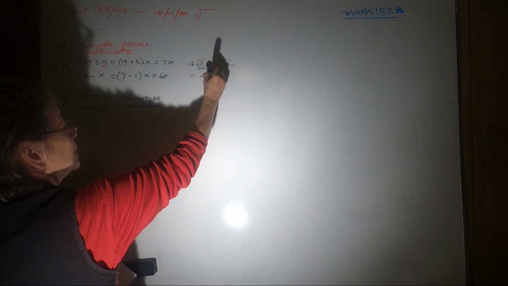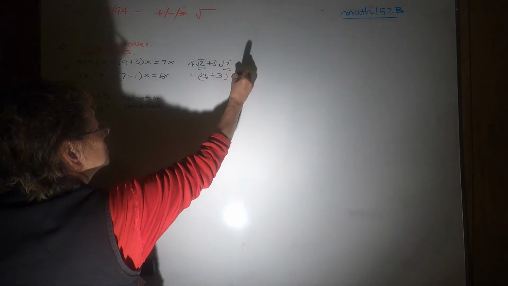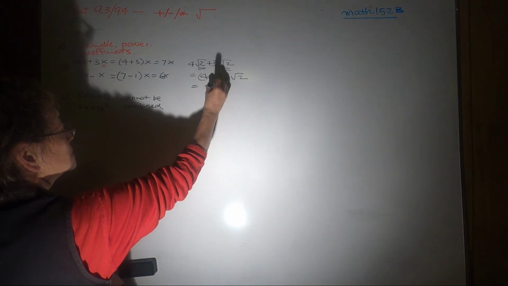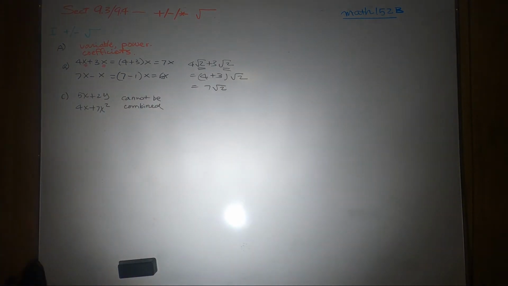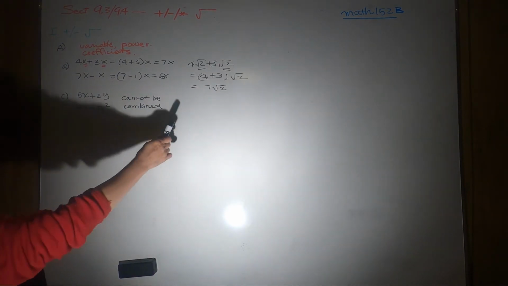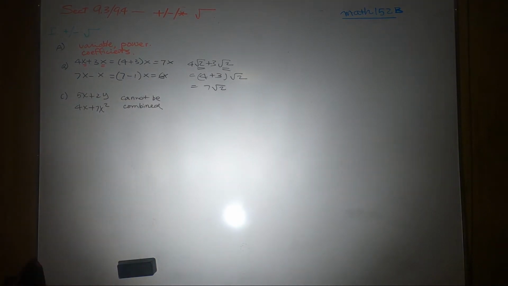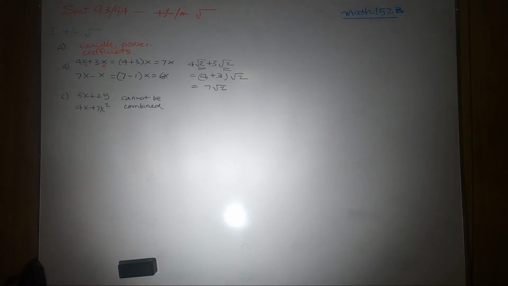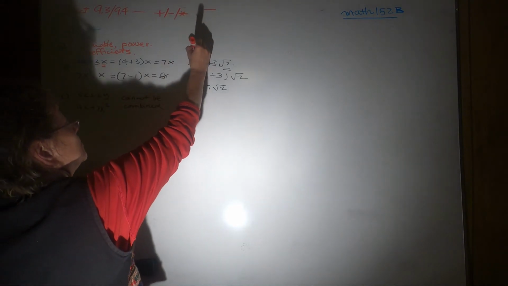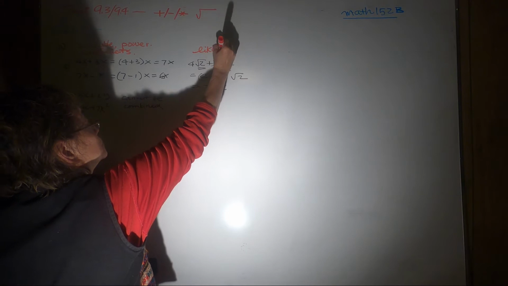Then you will do 4 plus 3 of square root 2, which is 7 of square root 2. This means multiplying, 7 square root 2, same thing as 7x, right? So we are going to combine like radicals.